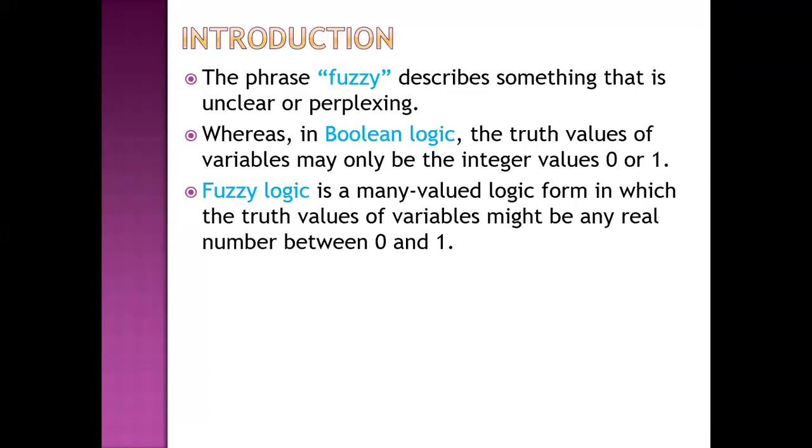The phrase fuzzy describes something that is unclear or perplexing, whereas in Boolean logic, the truth values of variables may only be the integer values, either 0 or 1. Fuzzy logic is a many-valued logic form in which the truth values of variables might be any real number between 0 and 1, including 0 and 1.